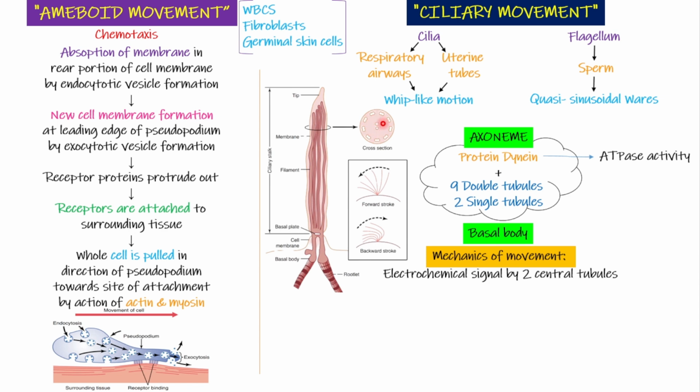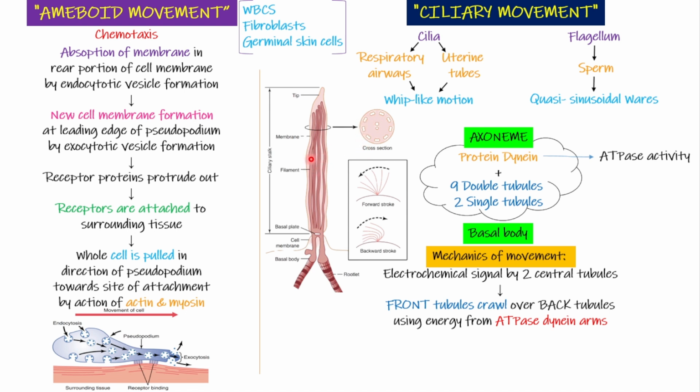This electrochemical signal will result in crawling of front tubules over the back tubules. Now, for instance, if the movement is going to take place in this direction, these are the front tubules and these are the back tubules. These front tubules will crawl over the back tubules.